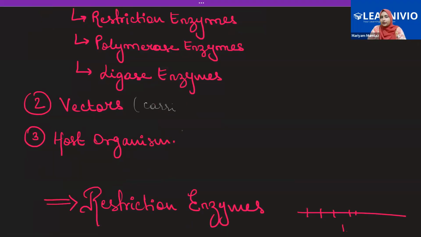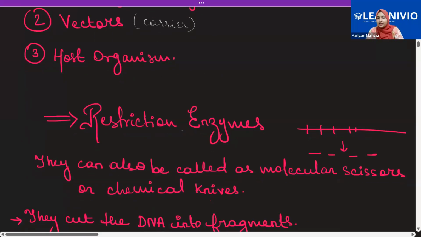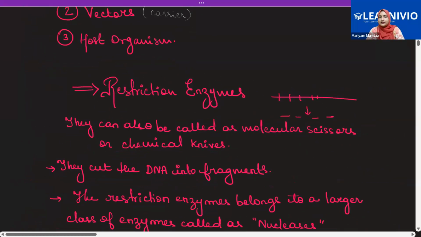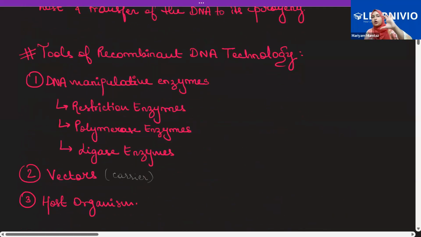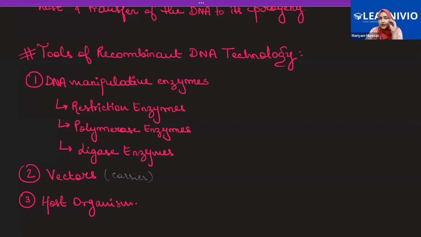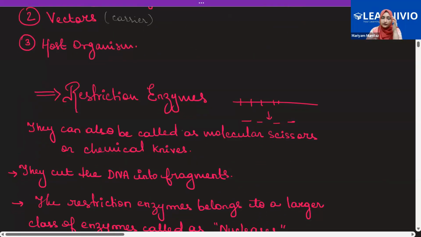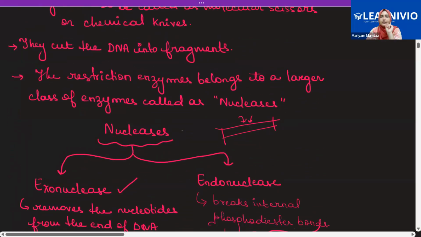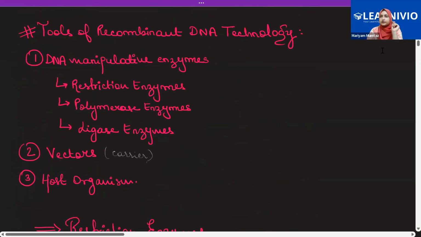And we also require a host organism in which you're going to incorporate all of these things. These are the raw materials or tools without which recombinant DNA technology is not at all possible. So we're going to use all of these things. The first one is restriction enzyme. But first, you note down here.